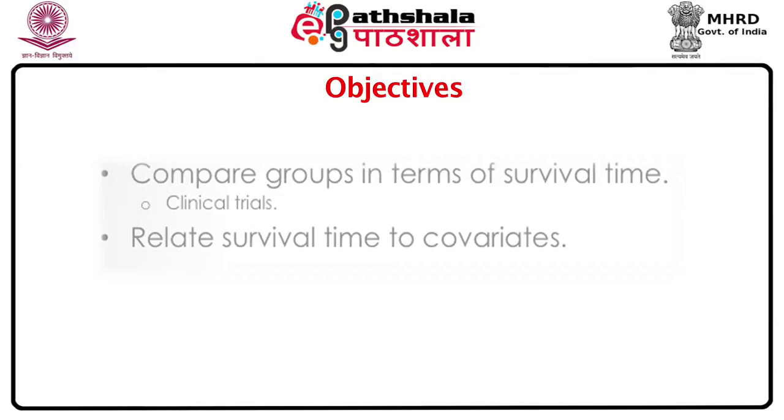So our objective here is to find some way of quantifying the differences in the survival experience of these groups. More generally, our covariate need not necessarily be one single binary covariate or one single categorical covariate. We could have a continuous covariate, or we could have a mixture of some continuous, some categorical covariates, and we wish to relate the survival time to this set of covariates.